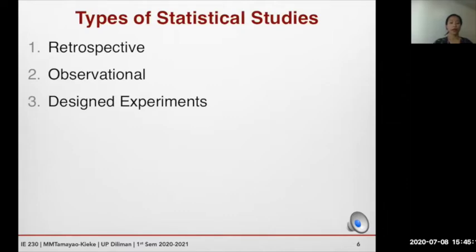Second, you have observational studies where, as the name implies, you observe how a process or system naturally behaves without intervention. And third, which is the focus of this course, you have designed experiments. In this type, the study involves controlling several parameters of the experiment, such as input factors, to determine how the system behaves.